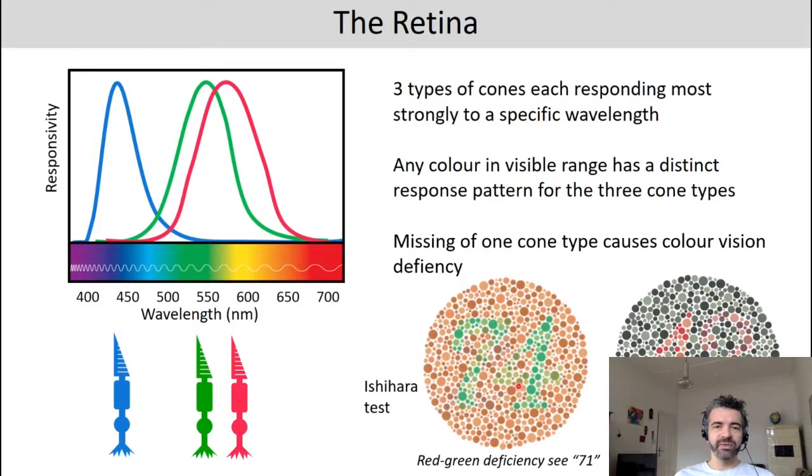So the only way to tell apart these dots here that belong to the 4 from the background is using the hue, the wavelength information, rather than the luminance.